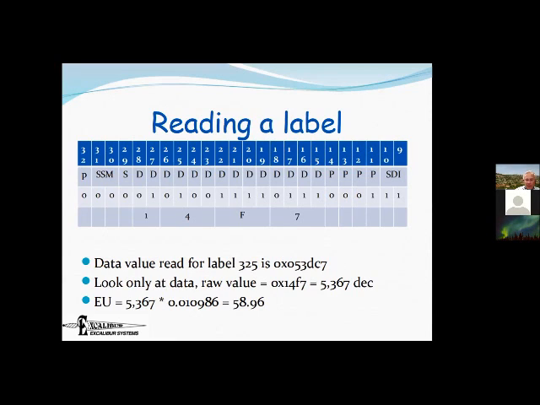And the rest of the data, even counting the label, is 53DC7, which is a completely meaningless number, because that includes the parity, and it includes the SSM, and it includes everything. Okay, so that's not helpful.